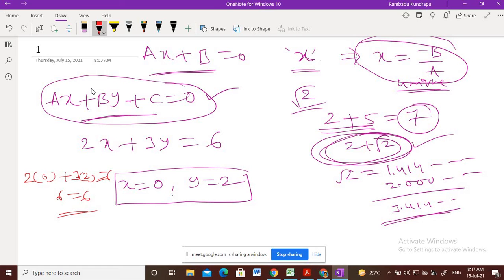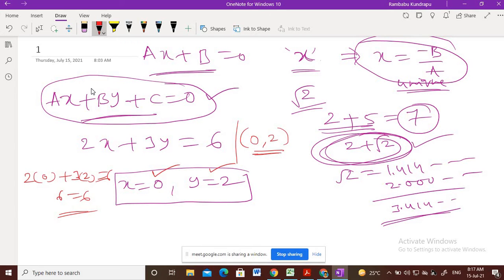Yes, sir, it is satisfied. These values satisfy the given equation 2x plus 3y is equal to 6. That means x is equal to 0, y is equal to 2, in Cartesian form, is the point 0 comma 2. This is one point.